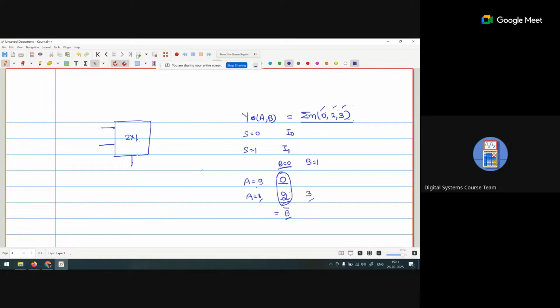Okay. Now for this one, if I am talking, A is 1, that means if the select line is 1, this particular point will be selected.